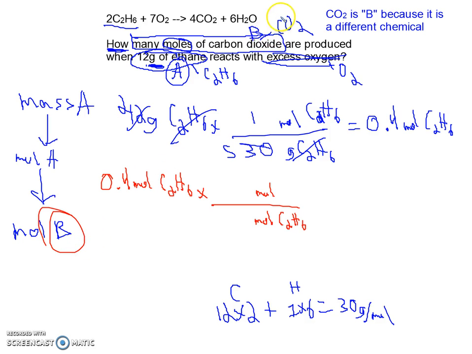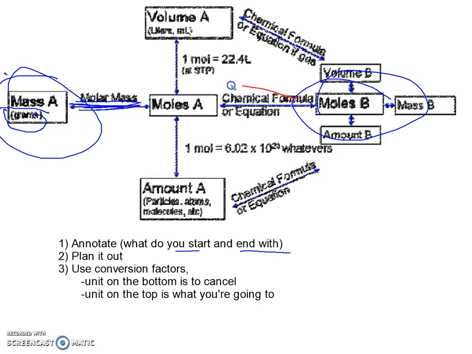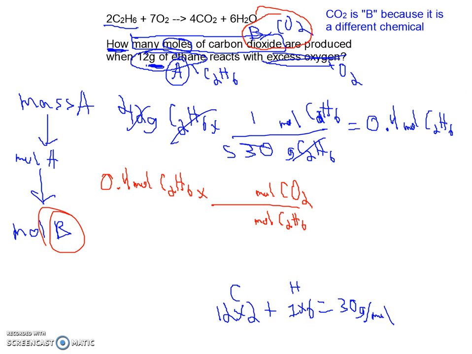Oh, good thing I annotated. B is CO2 right there. It's a different chemical, that's why it's B. So moles CO2. And then you know that you get the mole ratio because you're going between 2 different chemicals, so you get that from the chemical equation.